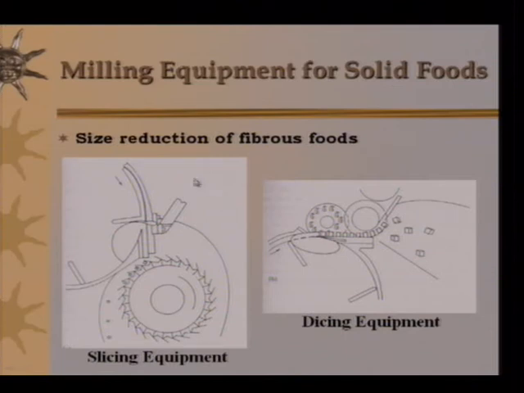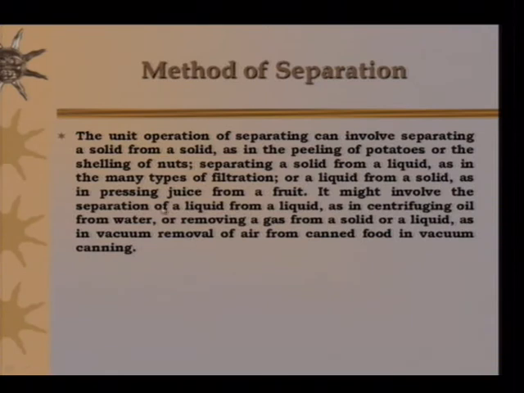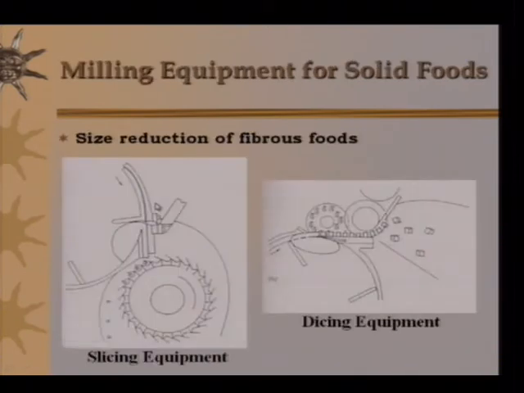Here the material is kept on the top, and a rotor with blades is rotated at a reasonable speed, thereby slicing the product to a predetermined size. You can see here there are small blades protruding out of the rotor, and the product can be pressed against this rotor and give you a desired and predetermined size.